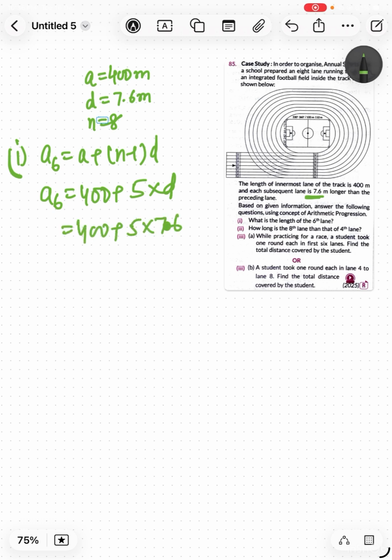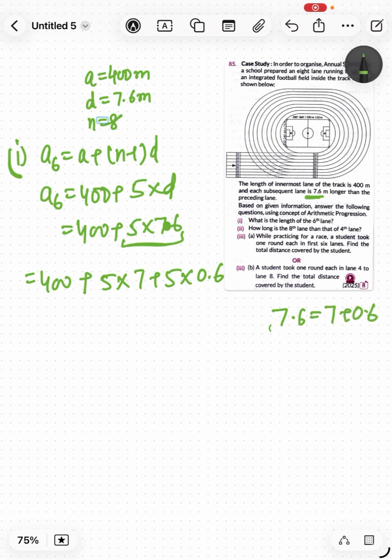Now the calculation becomes important in this question. This is 400 plus 5 into 7 plus 5 into 0.6. Yes, we can write 7.6 as 7 plus 0.6. Now here, 400 plus 7 5s are 35, plus 6 5s are 30 and 1 decimal, that is plus 3. So this becomes 438.